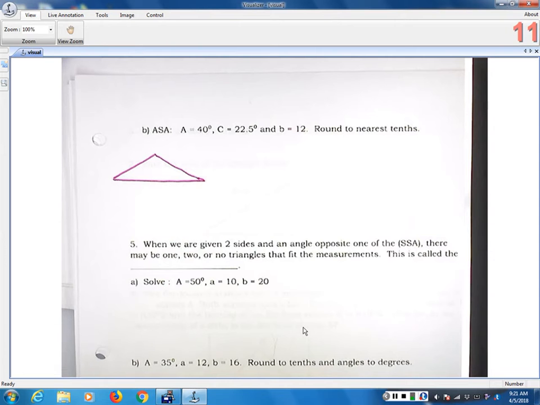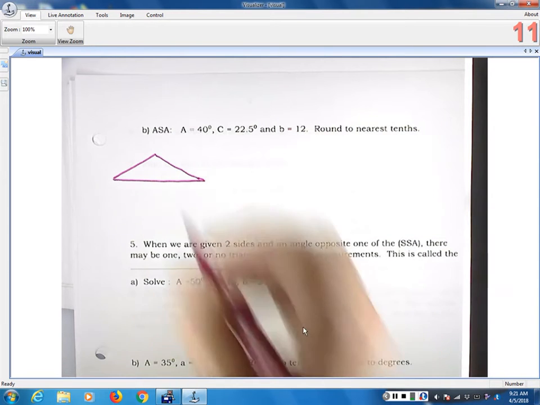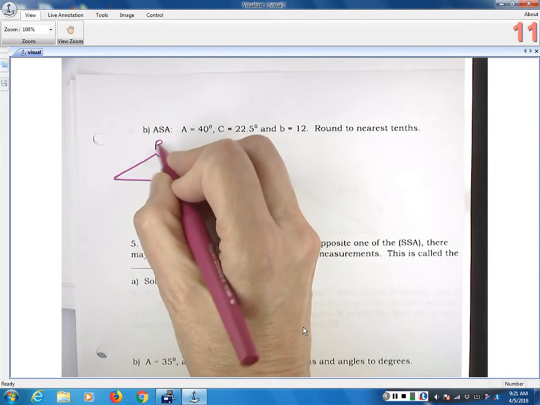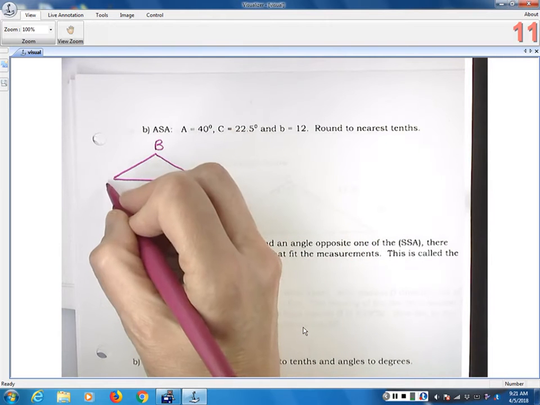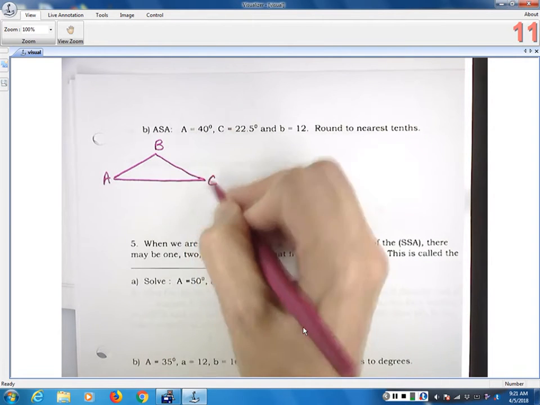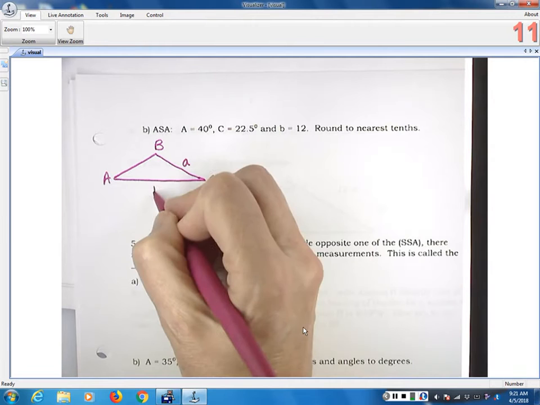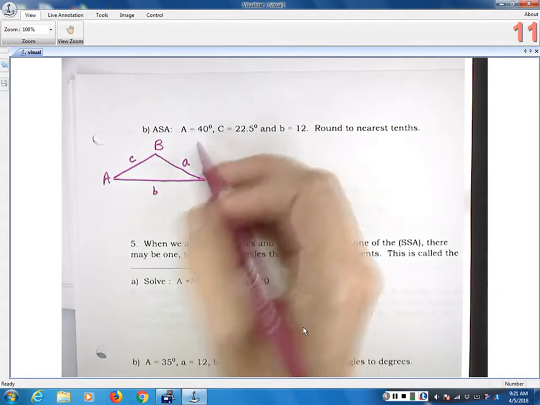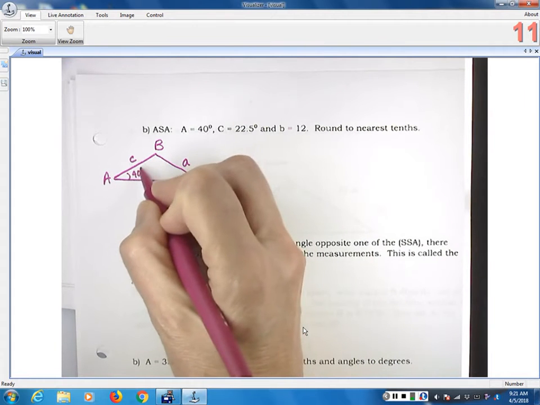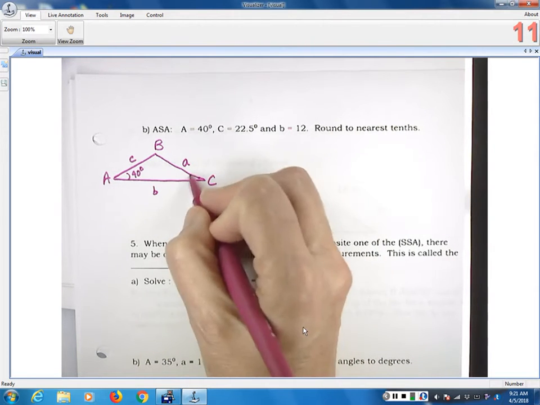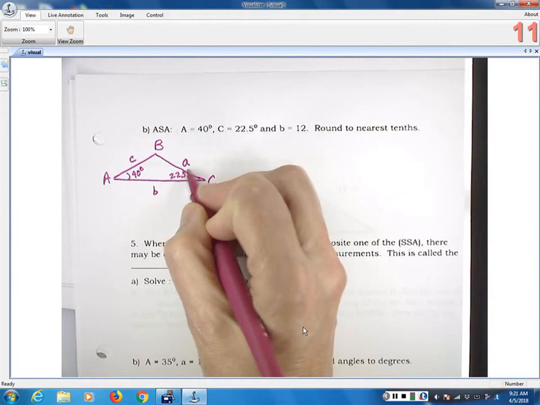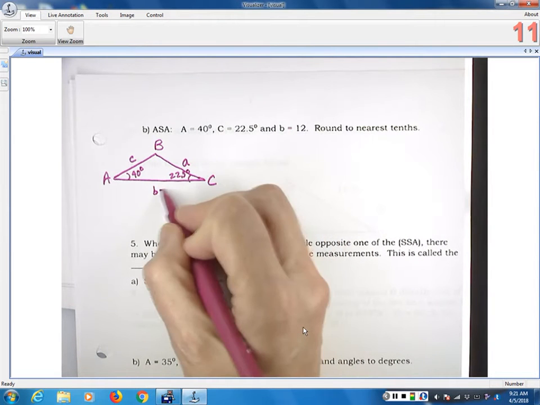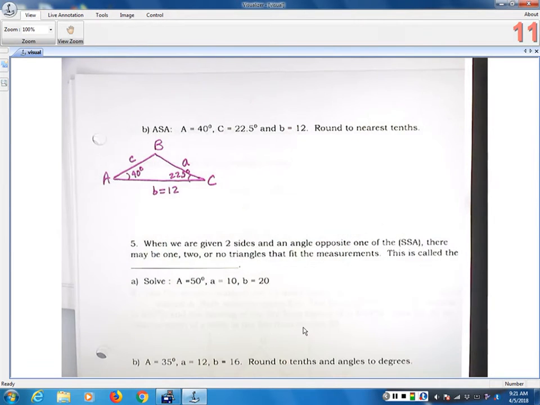They show pictures, but I'm drawing pictures. So, let me know if you want me to display those. B, A, C, small a, small b, small c. Okay, so this is 40 degrees. This is 22.5. B is 12, and it didn't tell you the unit, so we'll leave it.